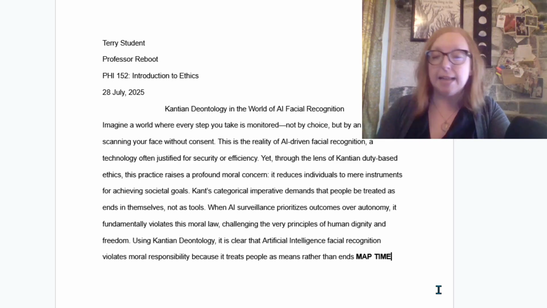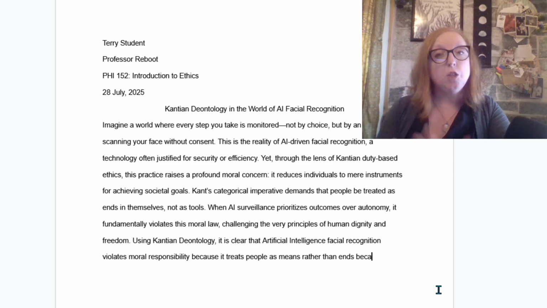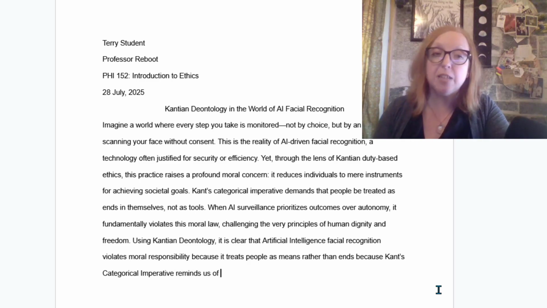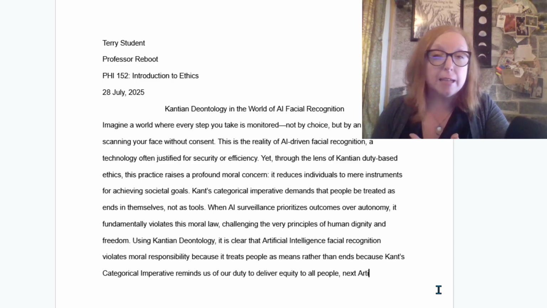In an ethical paper, again, arguing Kantian deontology in the context of artificial intelligence facial recognition, you may include a statement like, "Because Kant's categorical imperative reminds us of our duty to deliver equity to all people. Secondly, artificial intelligence surveillance presents myriad biases and problematic discriminatory experiences for the people that it unfairly targets."